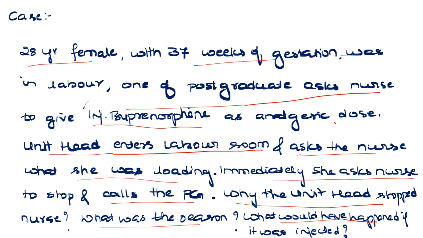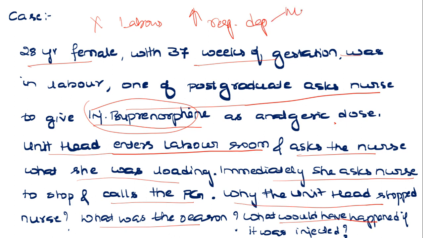So as I told, buprenorphine should not be given during labor. What happens? It will increase the risk of respiratory depression in both the mother as well as the neonate. So it can lead to apnea of the newborn. So you should avoid using it. And also, if you give buprenorphine, it will be tightly bound.